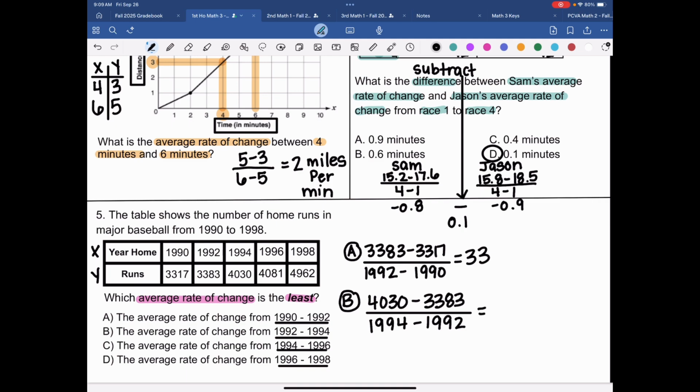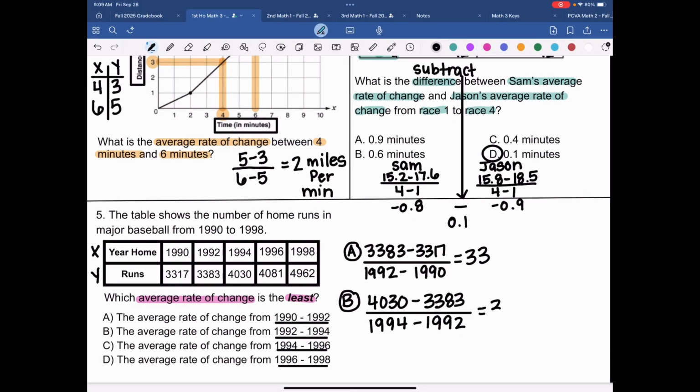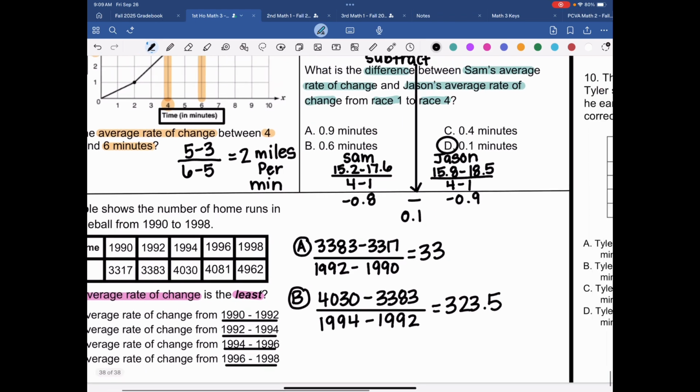And again, we're going to go put this into Desmos, and we're going to calculate these pieces again. This one is going to be 323.5. So obviously this one had a lot more in that time frame. All right, so then we're going to go do the next one.